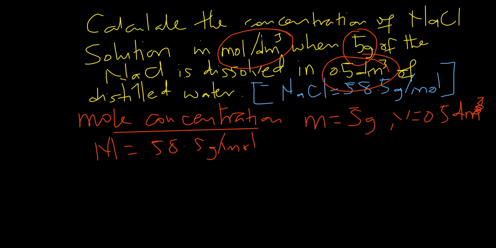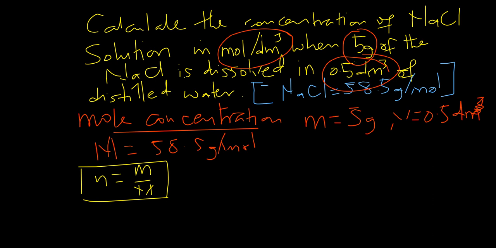How do we do this? Mole is always equal to mass over molar mass. I believe you've not forgotten this. We did this in a previous video. If you've forgotten, go back and re-watch those videos.